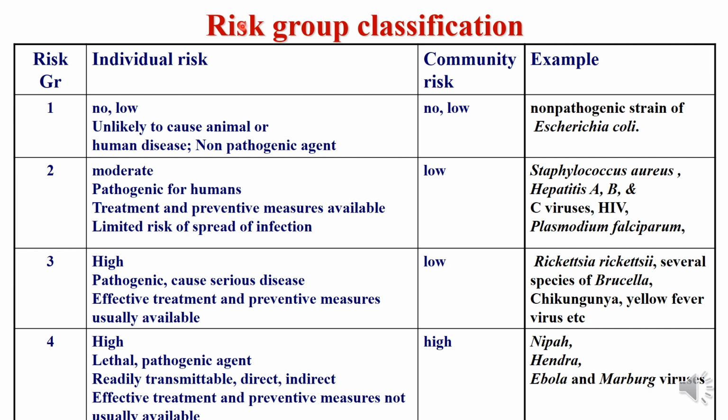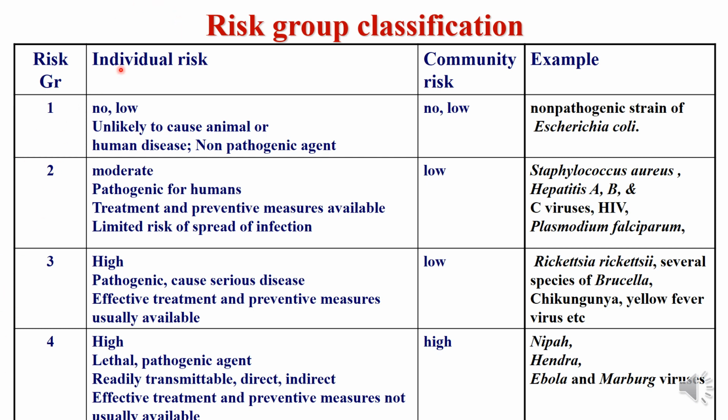Now, there are various risk group classifications based on the community risk it has. So let us see the risk groups. There are risk group 1, 2, 3 and 4. So there are 4 risk groups classification.